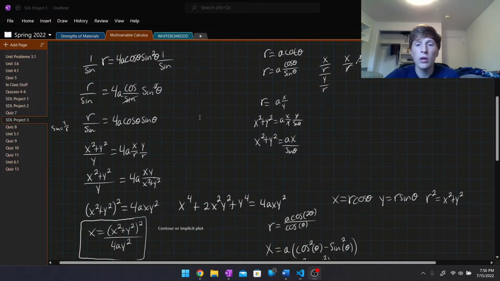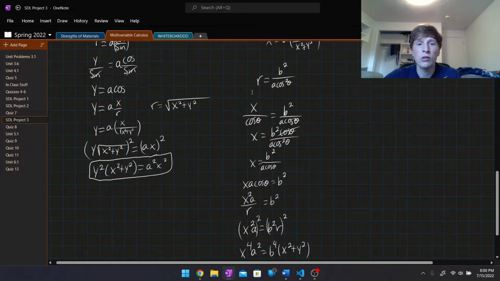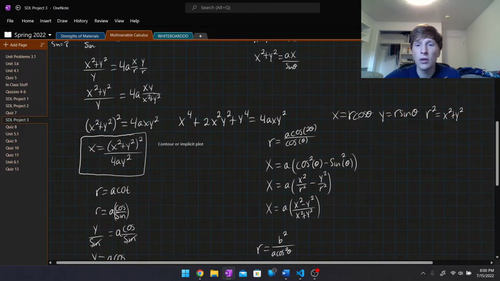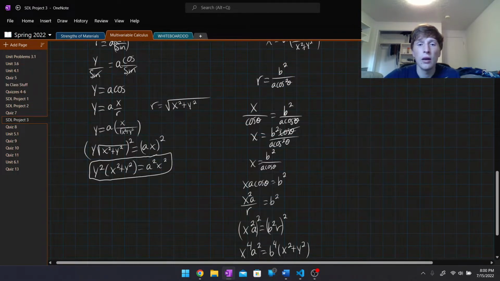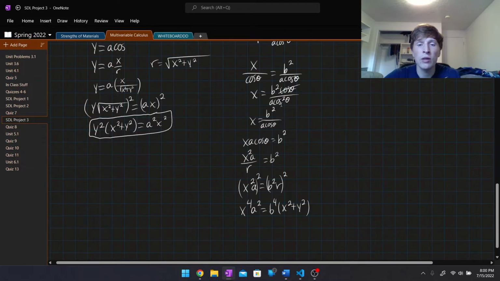The one I'm going to go over is r equals b squared over a times cosine squared theta. What I did was I realized that r is equal to x divided by cosine. Then I multiplied both sides by cosine, and that got rid of this cosine and got rid of that little squared right there because they canceled. That leaves me with this right here.